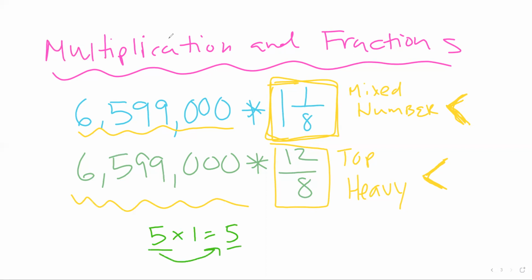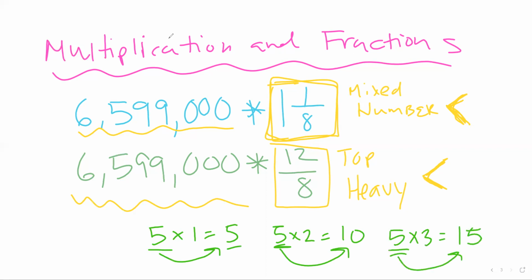Doesn't change. But if I was 5 and I multiply by 2, I end up with 10. So I've increased in value. And if I was 5 and you multiply me by 3, I'm 15. So that value increases even more. So as what we multiply by gets larger, so does our product, which makes sense because there's more of it. But if we went back into the fraction world, right?